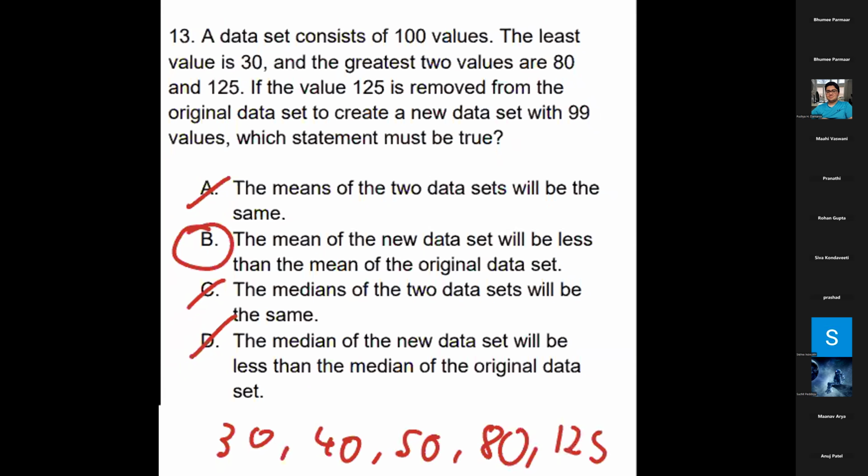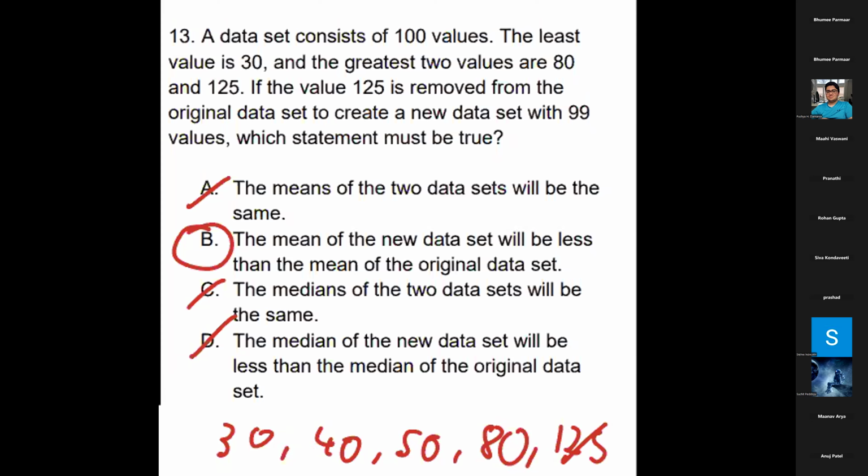The mean of this data set would be adding all of these and then dividing by 5. But if we remove 125 from this data set, which, like the original data set, is the largest value, then we would have to add up these 4 and divide by 4. So this would get us a lower mean than if we had all 5 values.